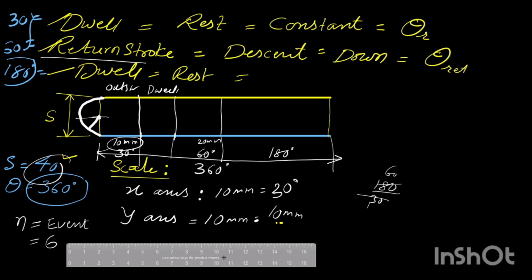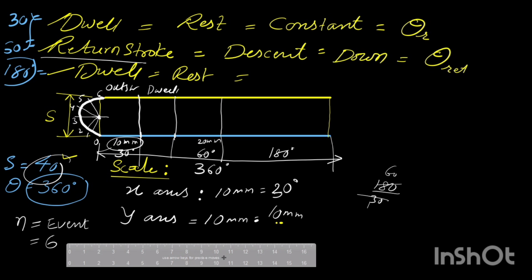So first one you have to drag to 30 degrees, next 60 degrees, next 90 degrees, then 120, next 150, then 180. Okay, so 0, 1, 2, 3, 4, 5, 6. We have divided like that. First is 30 degrees, next 60 degrees, third 90 degrees. After that again 120, 150, 180.